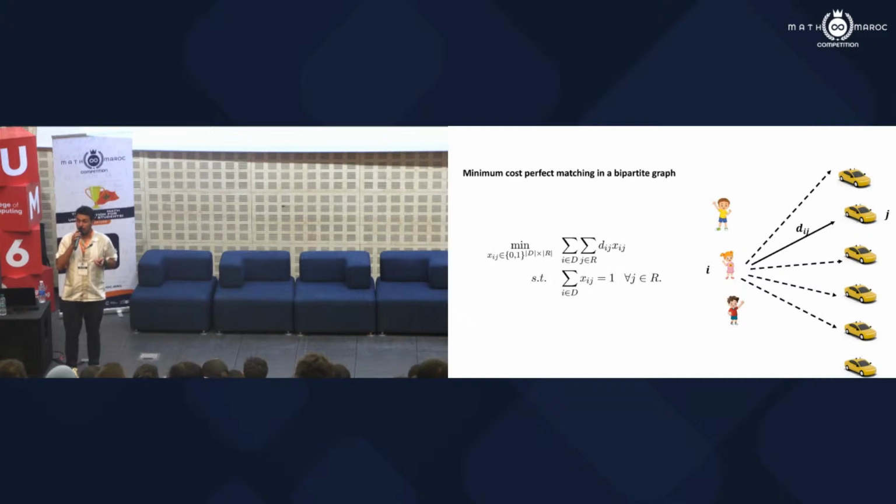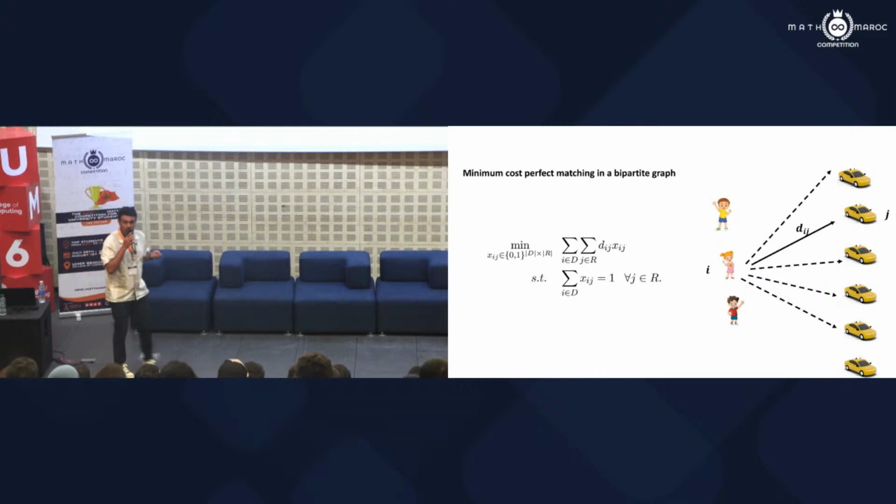You have to put some constraints. What are the constraints? For each rider, the sum over all i in D, okay? Because these are all binary variables, this gives the driver that will be assigned to the rider.